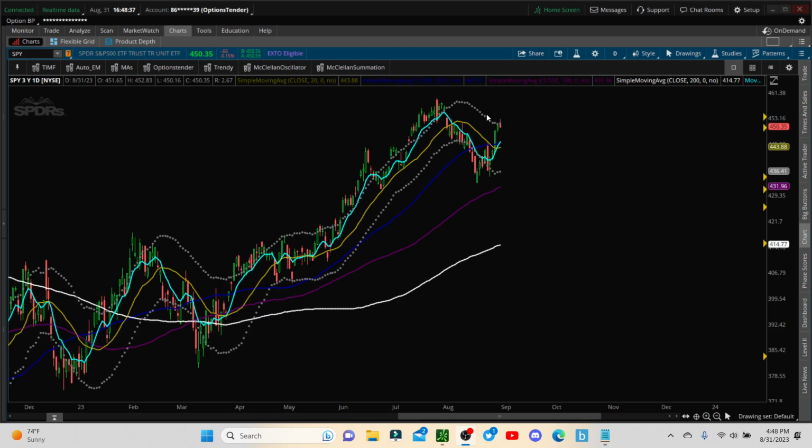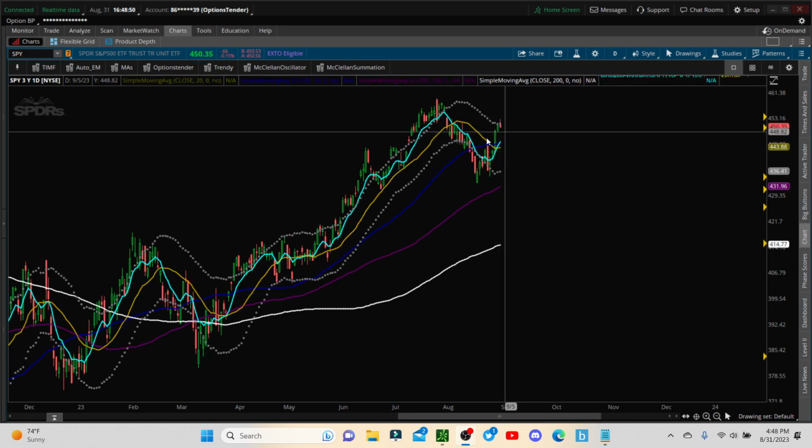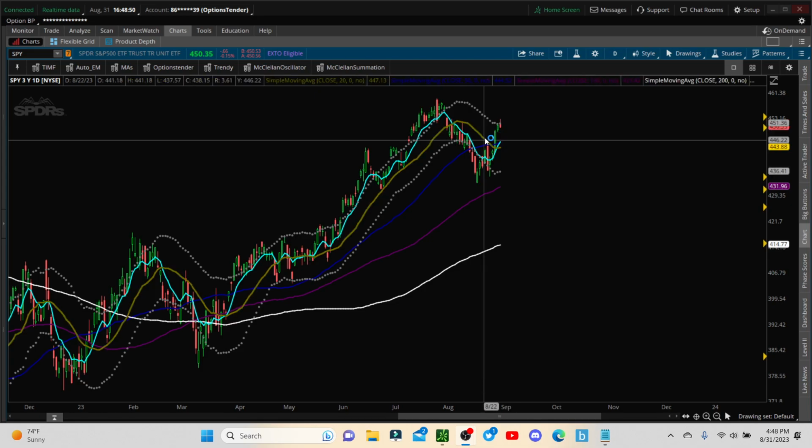That's natural. That's what we expected. That's why I'm showing you here and now. And I'm going to show you a lot of other indicators that gave us this potential reversal setup, and we expect price to head down from here.